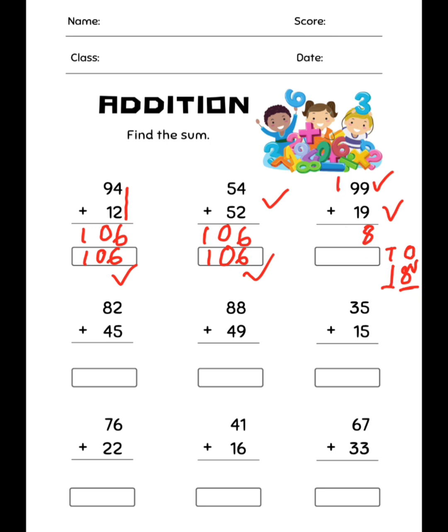So this is the tens place friend. Already there is 9. You are going to carry 1 from here. So 9 plus 1 is 10. Another 1 is there. So 10 plus 1 is 11. Okay. So what is the result? 118. Okay.